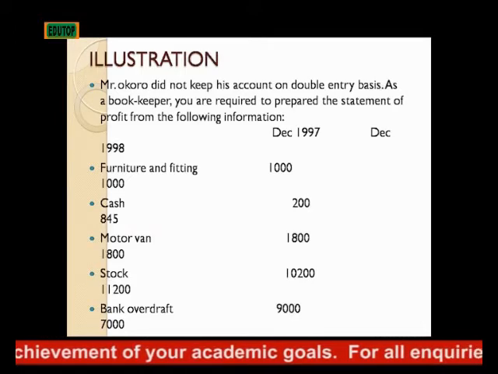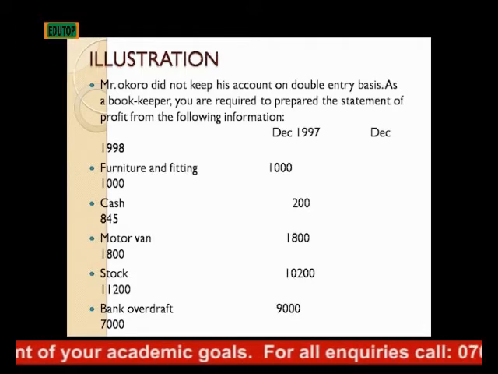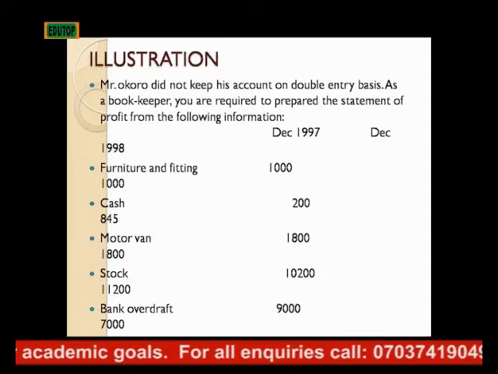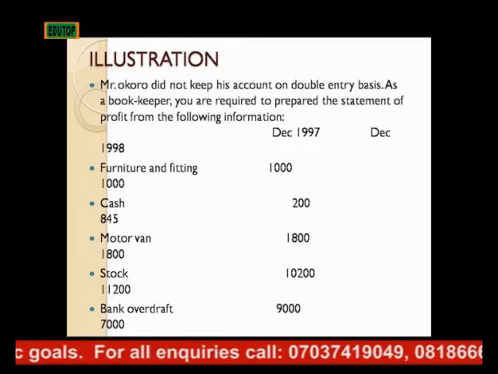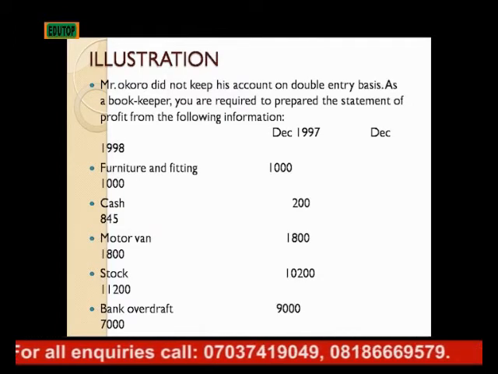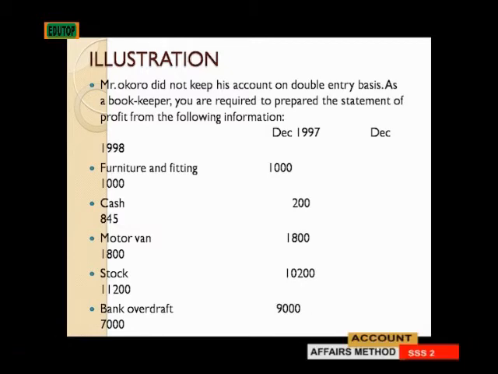This is the information that you received from Mr. Okoro. This is the opening balance sheet, and this is the closing. I told you the other time that the opening balance sheet is the closing balance sheet of last year. So that is how it is represented here, December 1997, and the closing balance sheet of that year is December 1998.